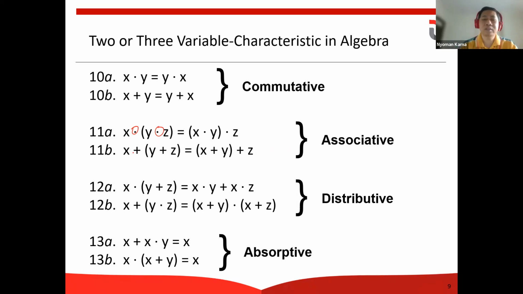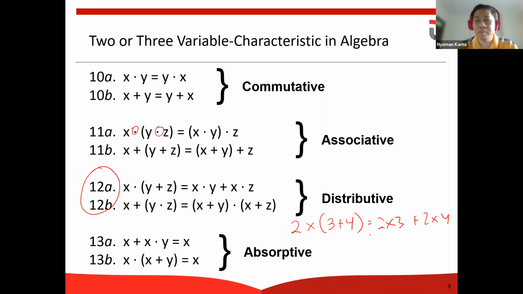Now, this is the one that you have to remember. Remember, in mathematics, we have something that we call 2 times, let's say, 3 plus 4 is the same as 2 times 3 plus 2 times 4. This is what we call distributive in mathematics, in algebra.